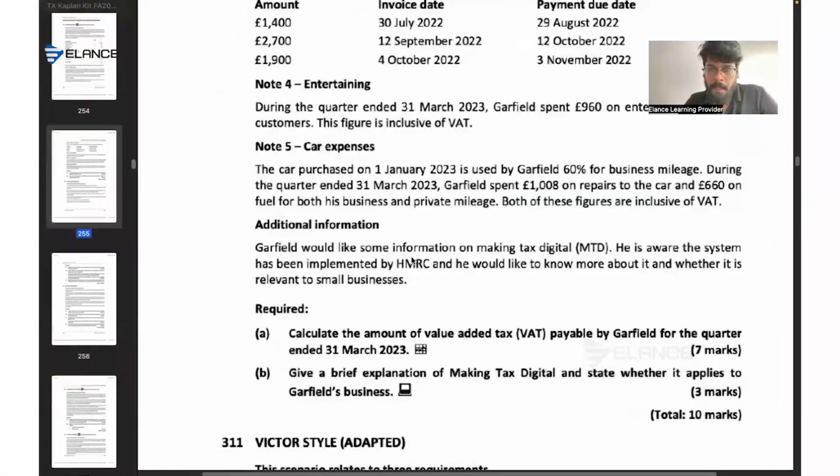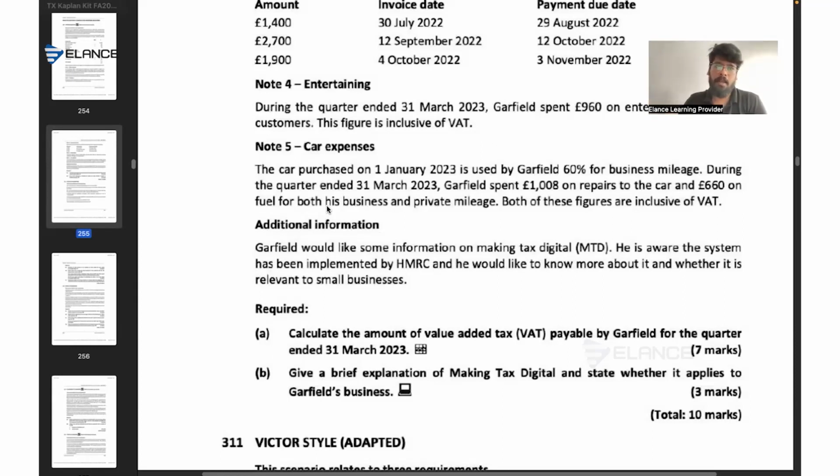After that they also spent 660 on fuel. I already mentioned the rules regarding fuel. If a person is using the fuel scale charge to find the output VAT, he can completely reclaim the input VAT on the fuel, even though some of it is private fuel.